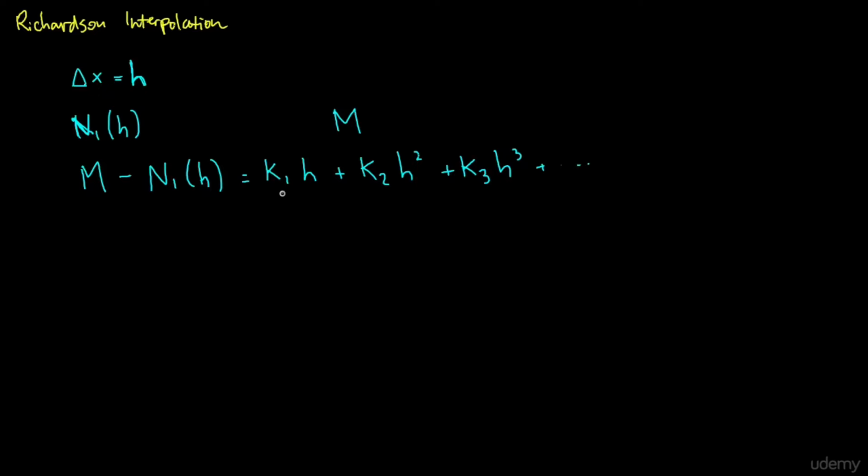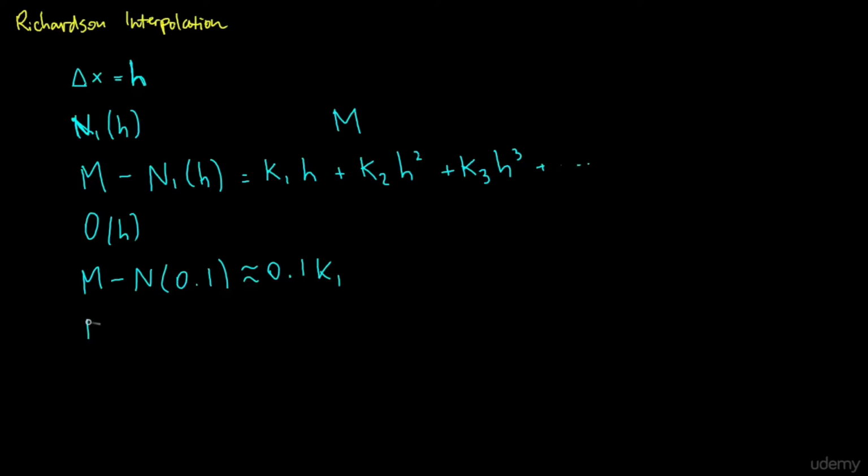Okay, so we know that the truncation error is on the order of h, unless there is a very large variation in the k constants, of course. So essentially what we can do then is make the following statements. We can say that m minus n1 of 0.1, for example, is approximately equal to 0.1 k1.